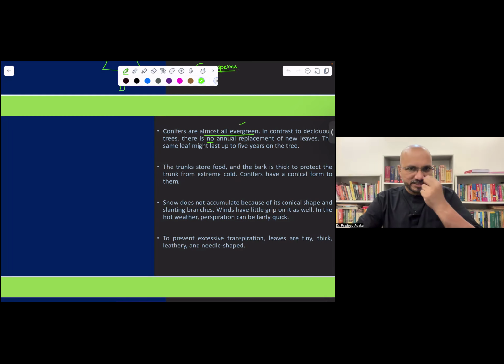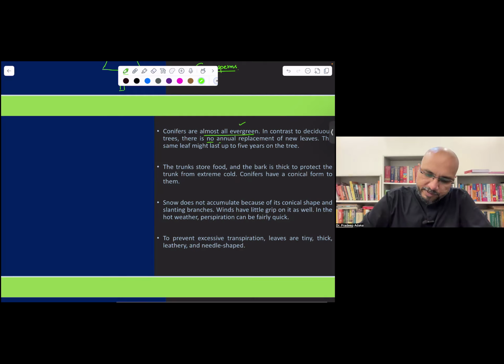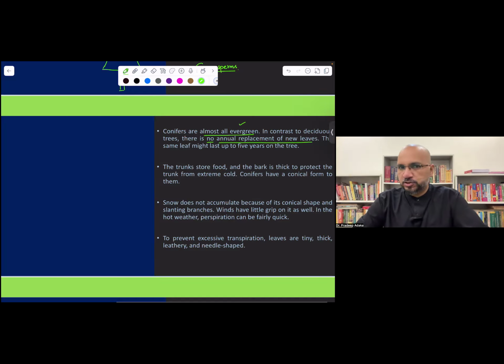Unlike those deciduous trees, there is no annual replacement of new leaves in conifers. They stay on the branches for a long period of time, for 2 to 3 years or more. The same leaf may last up to 5 years on the tree.